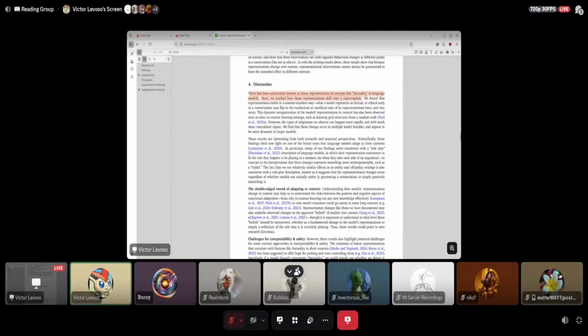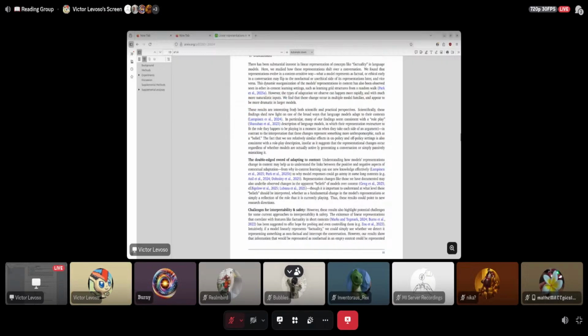Linear representation factuality. I mean, I feel like this doesn't contrast that much, or like I would say if you ascribe the belief to the base, to the model in general.